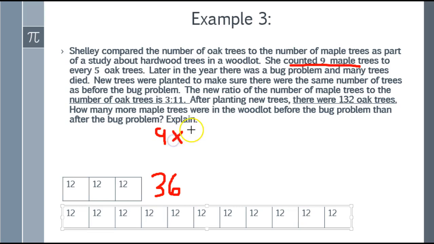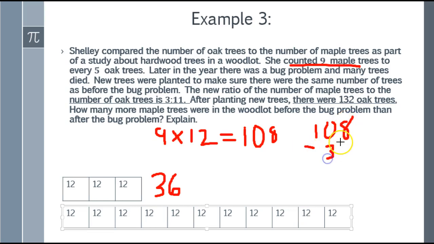And the reason I'm multiplying it by 12 as well is because each piece represents the same amount. Then I'm able to subtract 36 from 108 to get 72. So there were 72 more maple trees before the bug problem than after.